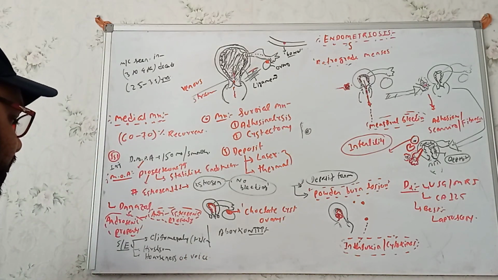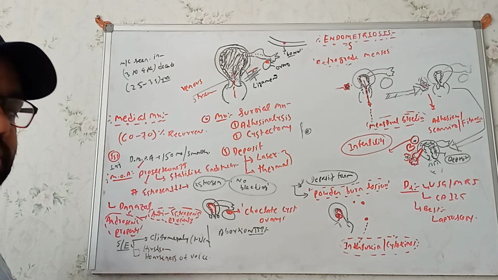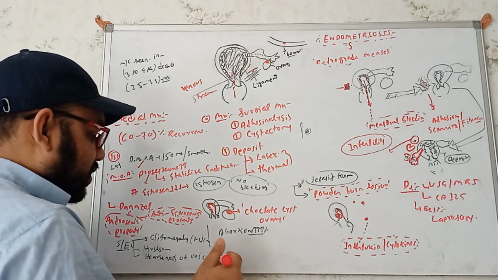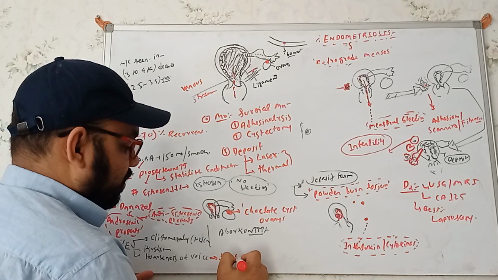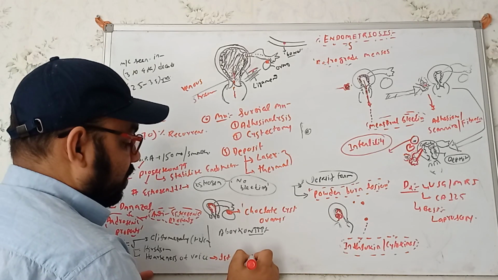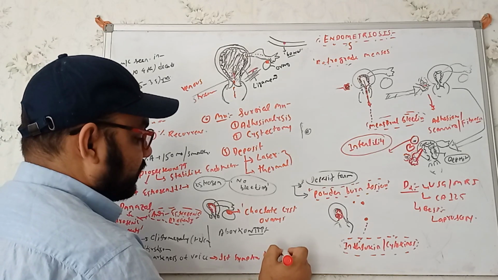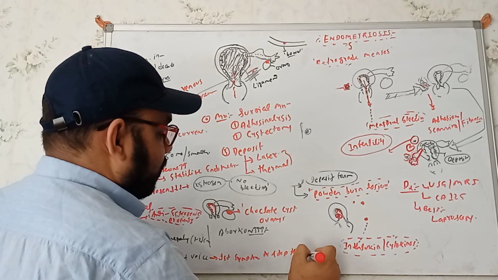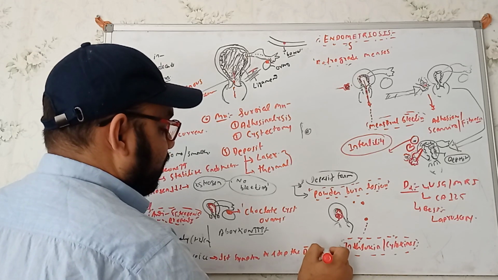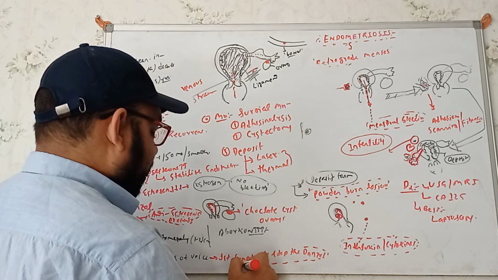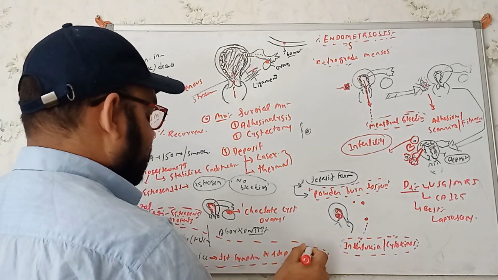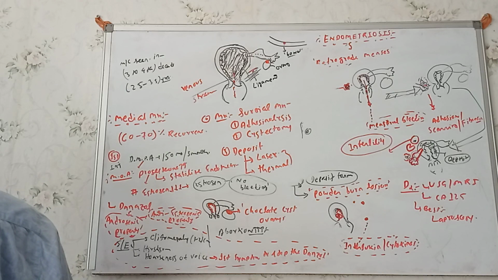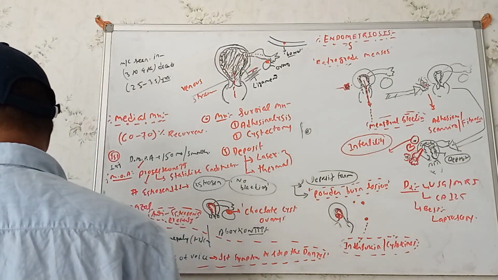Whenever we see the hoarseness of the voice, instantly you have to stop the drug. So this is the first sign and symptom to stop the danazol. The pharmacological therapy of danazol should be stopped in these cases. Okay.